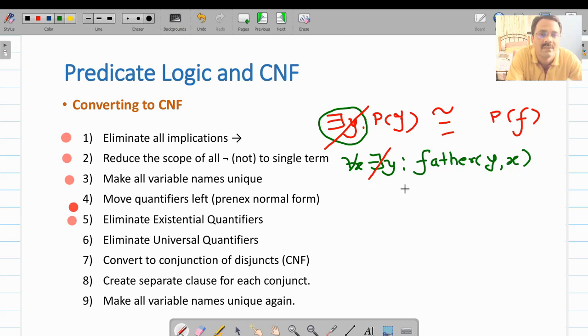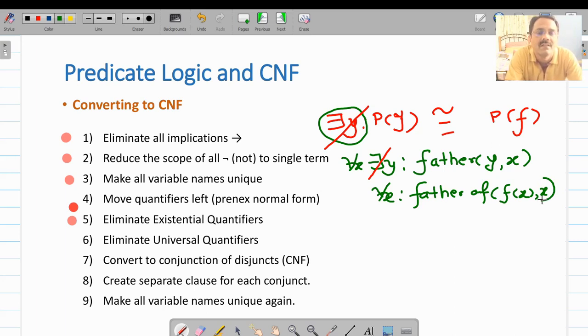So remember here the rule: if there is more than one argument, you have to pass those other arguments as arguments to the function, so that that function correctly returns the required value. So this is equivalent to for all x, father of f of x, x. So this is how we have removed this existential quantifier.